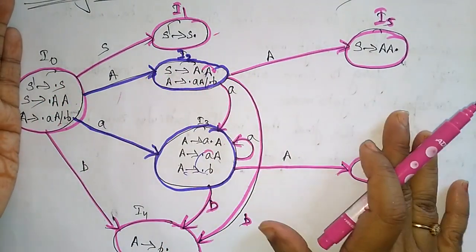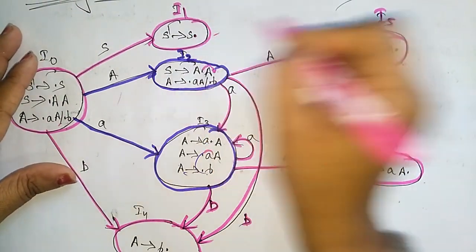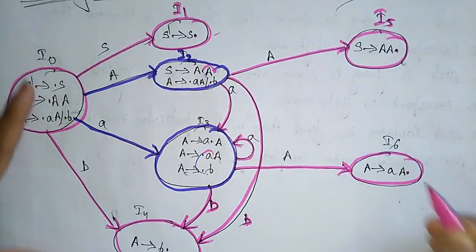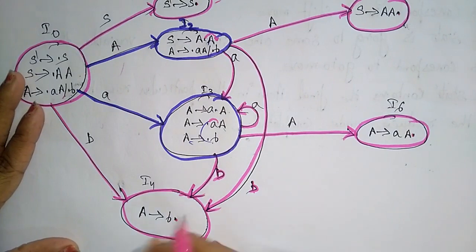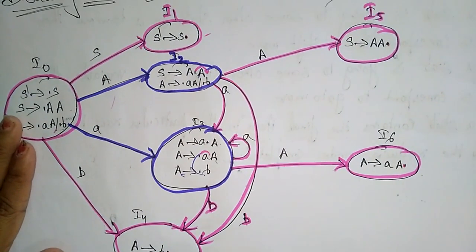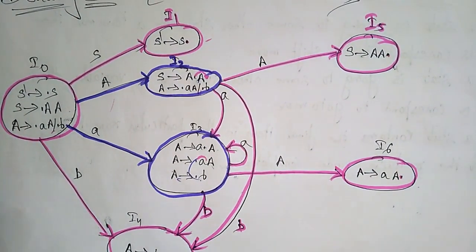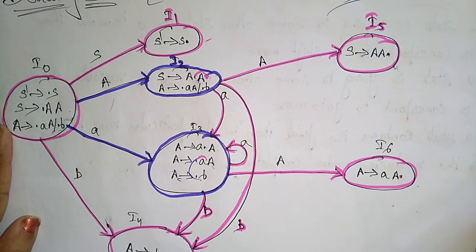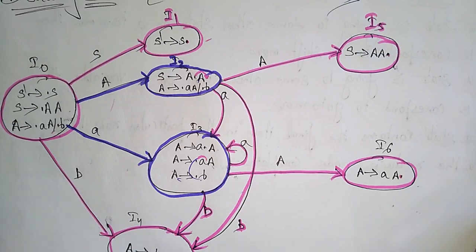Until the dot shifts completely to the right hand side, if there is no terminal or non-terminal present, then you have visited all the variables, that is the terminals and non-terminals. That is the concept here.